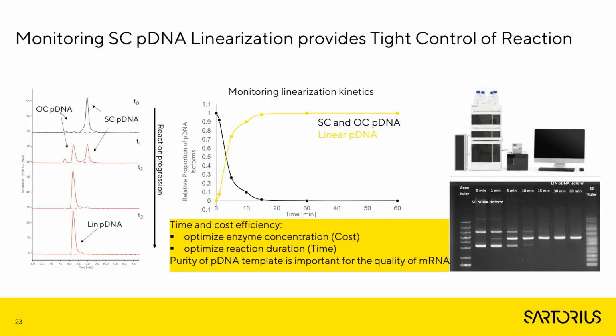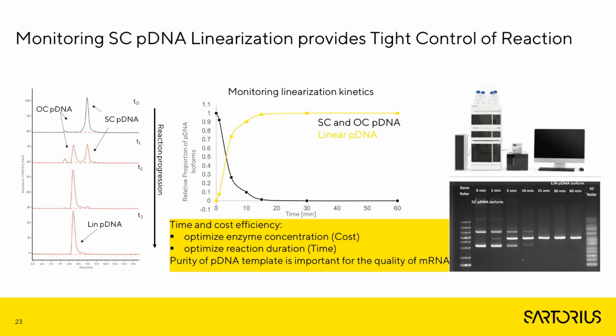You know what the price of linearization enzymes is. It's high. So every unit of enzyme that we can decrease makes a massive COGS reduction when you scale up. And so to be able to quantitatively assess the relation between concentration of enzyme required versus conversion rate makes a big COGS impact. So analytics, rapid, high quality at-line analytics is very important.